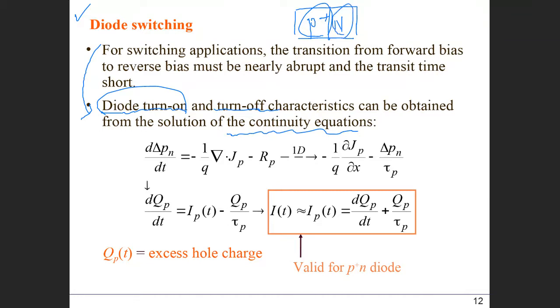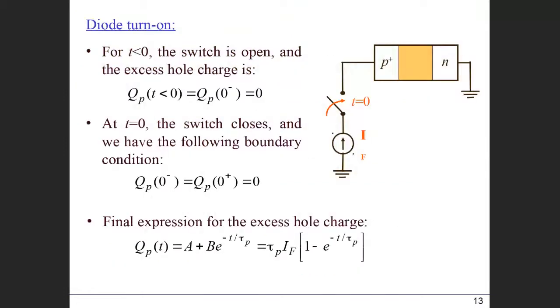For this case, when you look at the total current, we can approximate it as the hole current, because the majority carrier, the hole in the P side, is the dominant factor for the total current.